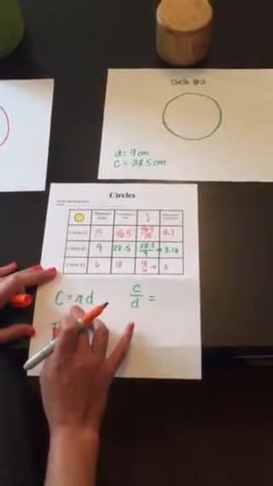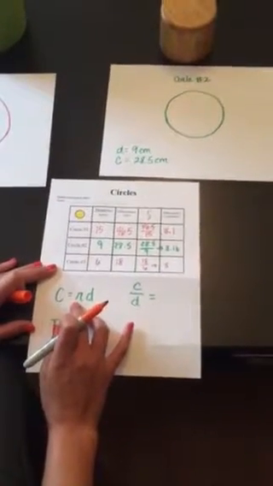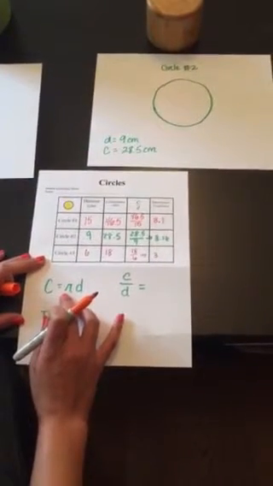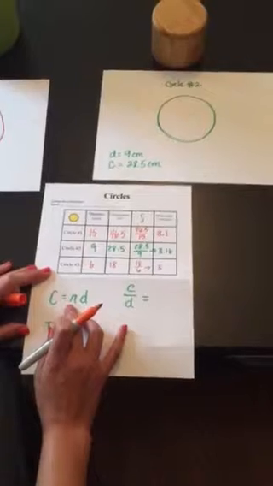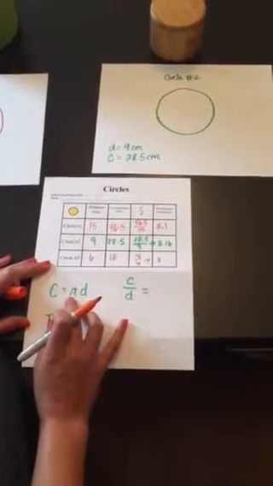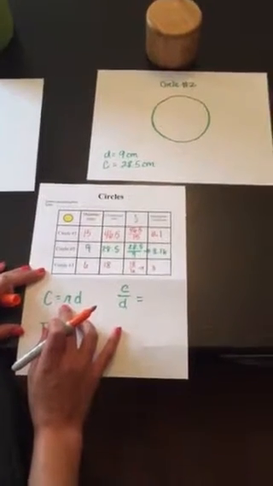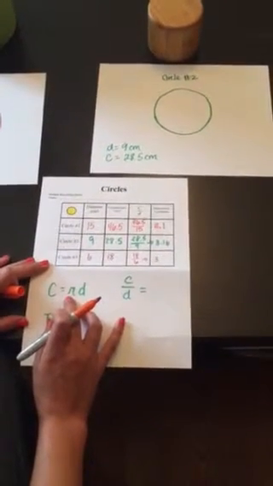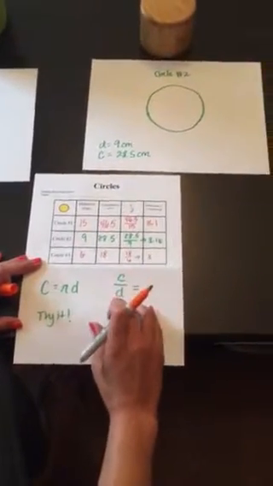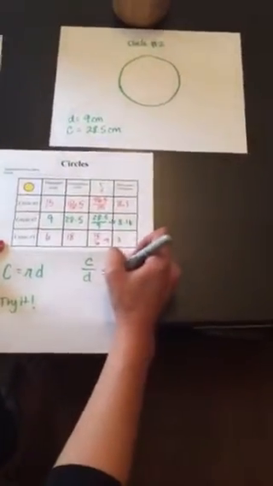And the reason why pi is there is because it has an approximate value of 3.14. Now pi is really a number that's non-terminating, that's infinite and goes on forever and ever. And sometimes you can use that button on your calculator, and sometimes we just represent pi as an approximate value of 3.14. So if I did circumference divided by diameter, I would get pi.